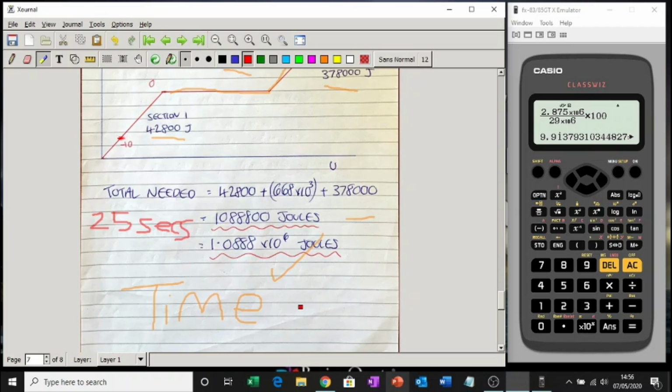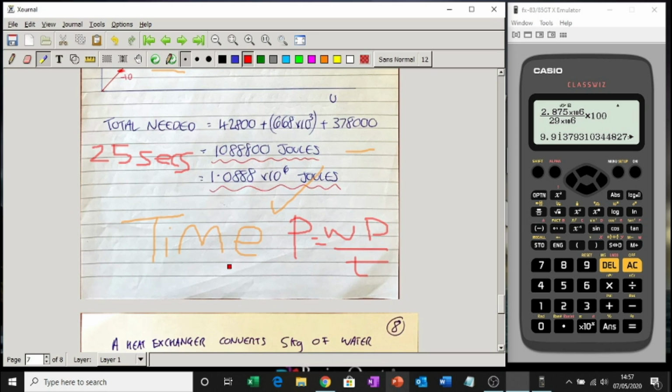How much power do we need? Right, so power is work done, which we know, which is 1 mega, all over time. So we know the work done is 1 times 10 to the 6, say. I'll just round that up. That's the work done in joules, divided by time, which is 25 in this case.